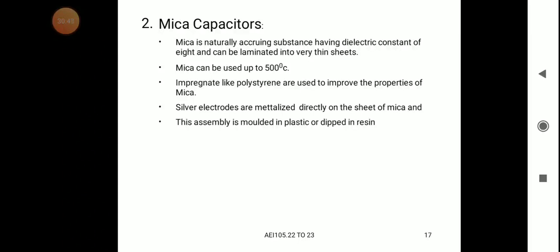These micas are impregnated with materials like polystyrene to improve the properties of mica.